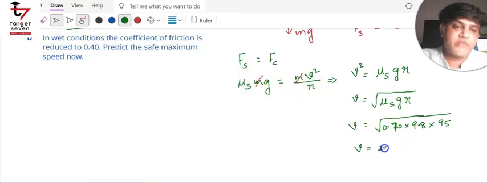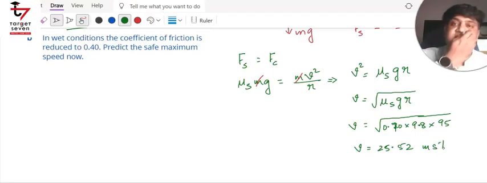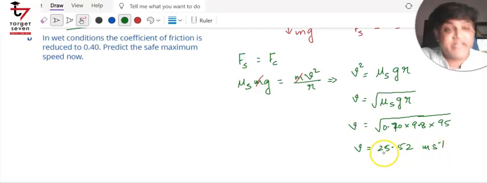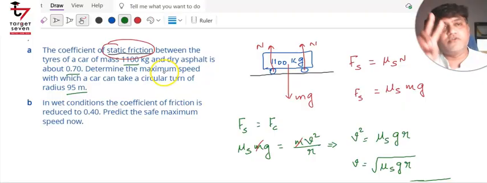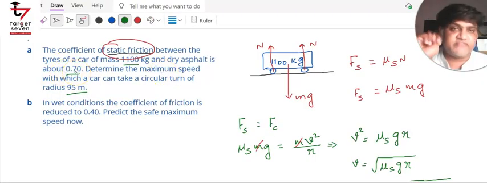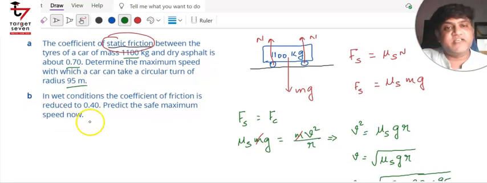So this is 25.52 meters per second. We need to remember that we will have to express the final result to the appropriate number of significant figures. The values given to us, 1100 has two significant figures, 0.70 has two significant figures, 95 also has two significant figures.